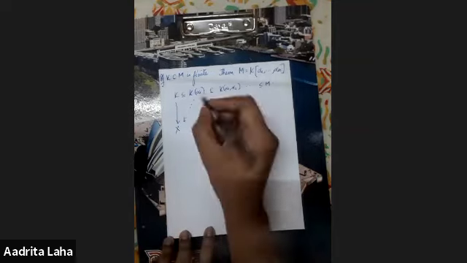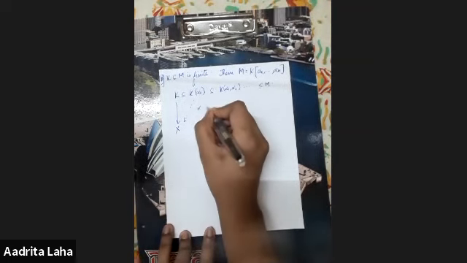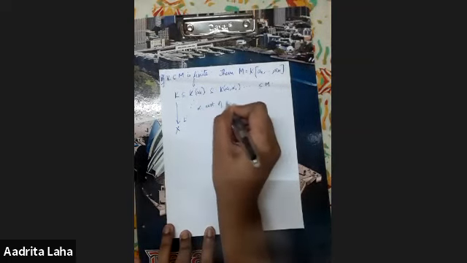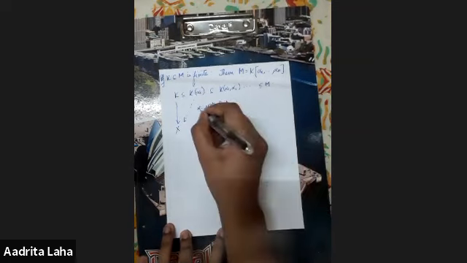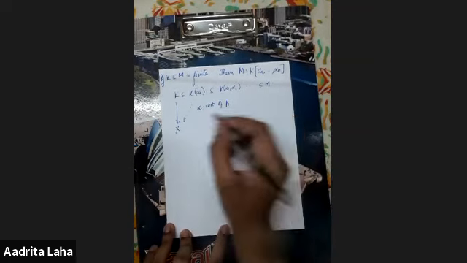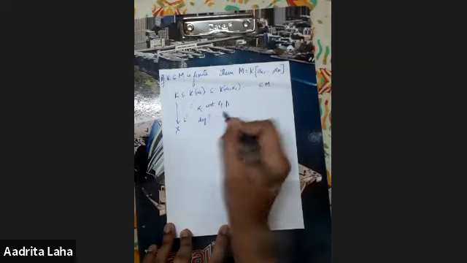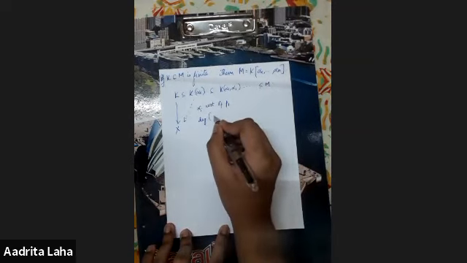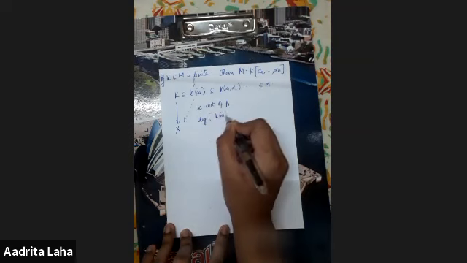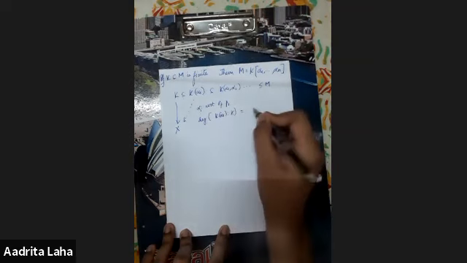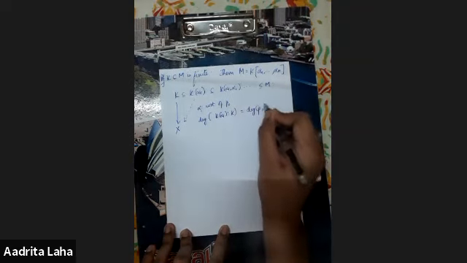Now note that if alpha 1 is a root of P1, then the degree of K(alpha 1) over K is actually equal to the degree of P1.